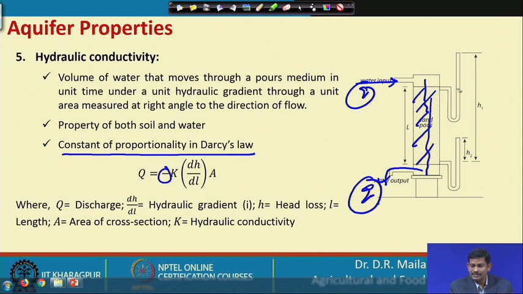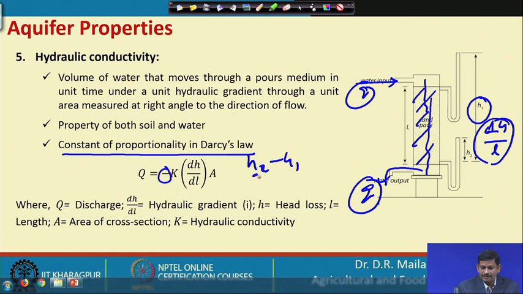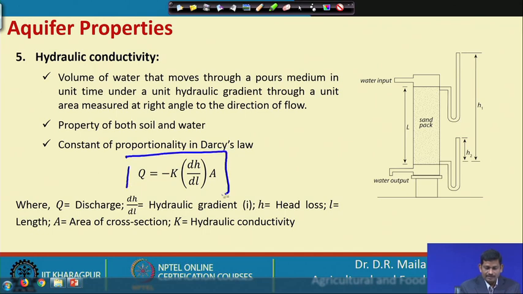The pressure is H1 here and H2 here, and the difference in pressure is delta H. The gradient is delta H by L. This is H2 minus H1; H2 is less and H1 is more, so the negative sign is required in order to get a positive Q. So knowing Q, the area of cross section and the gradient, you can estimate K.